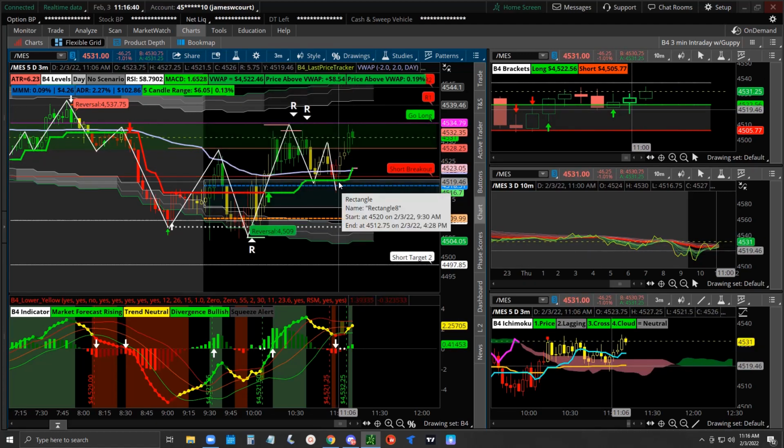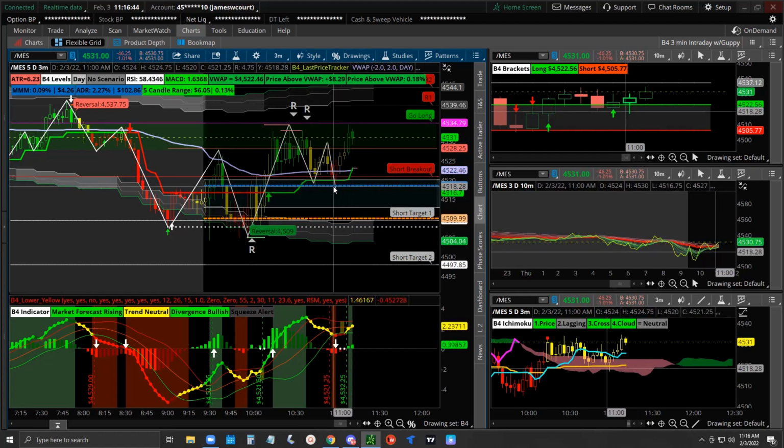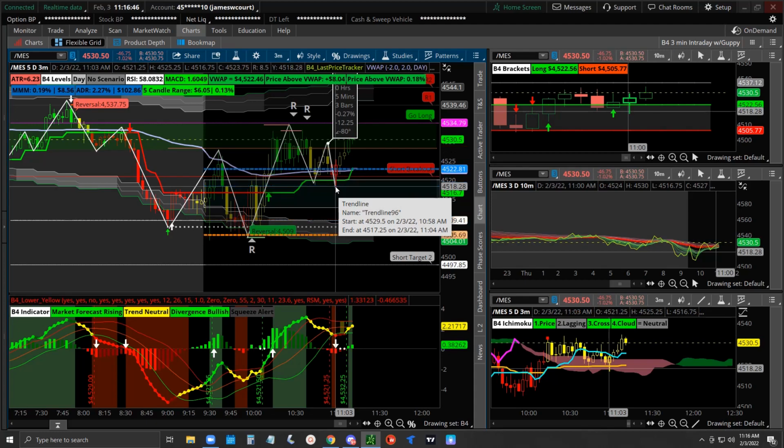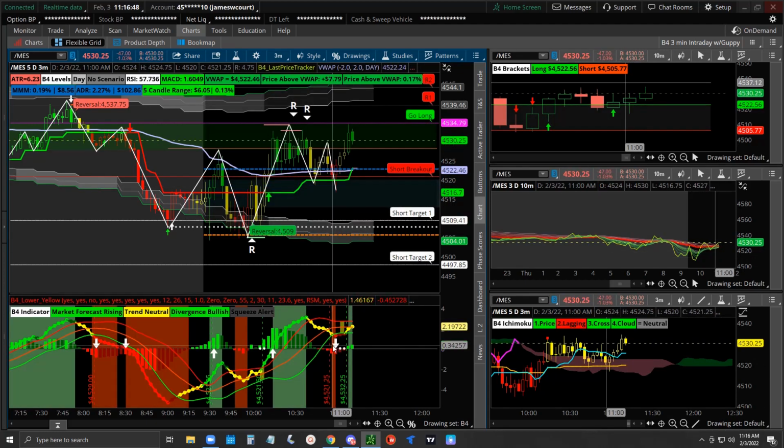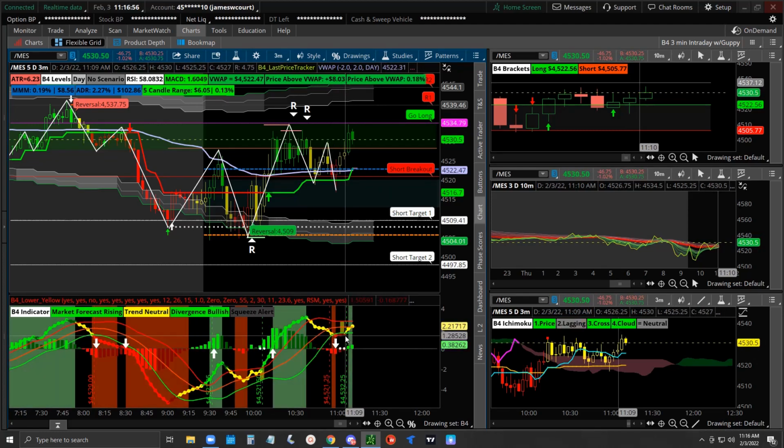I didn't measure right there. So this is my 5-minute chart. Okay, balance zone I found.